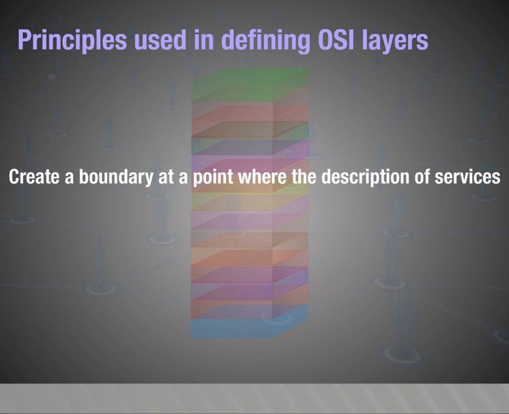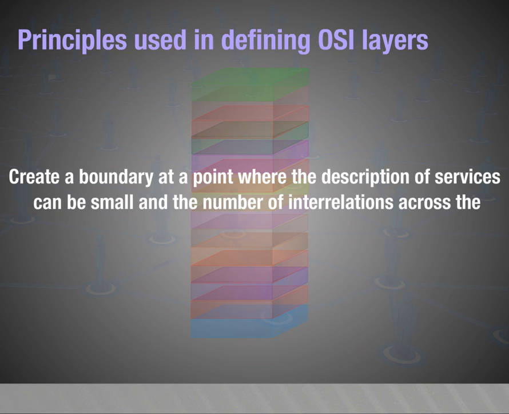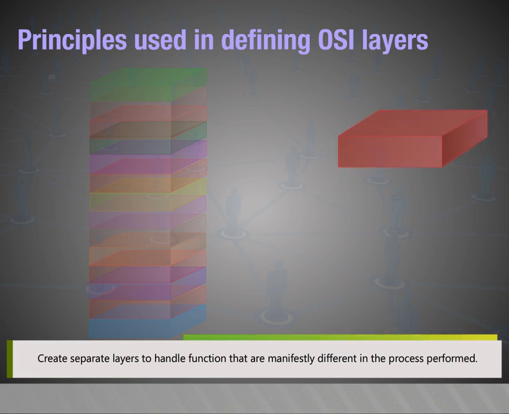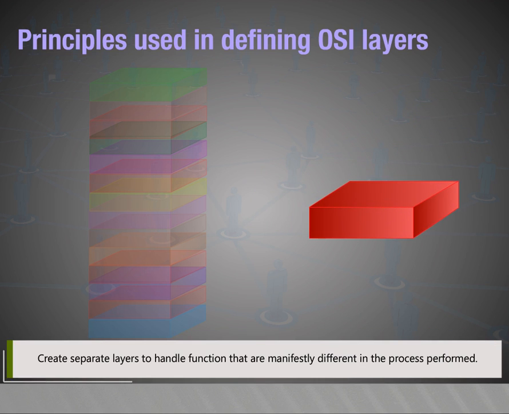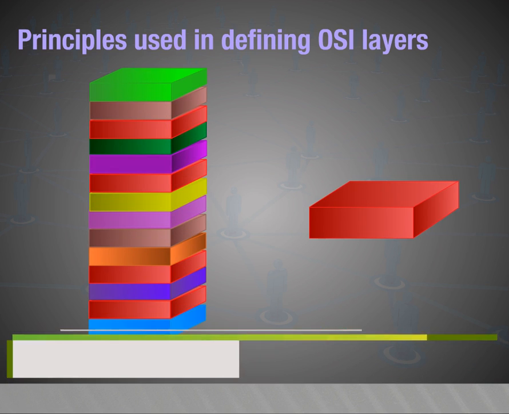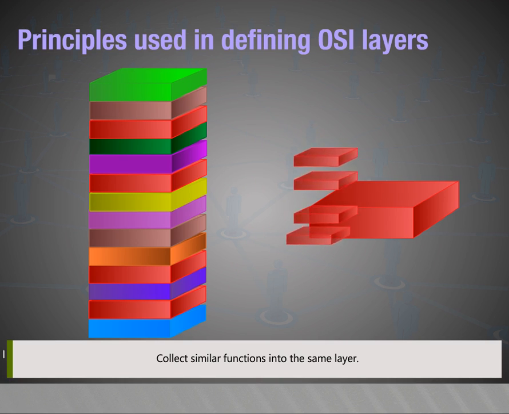Create a boundary at a point where the description of services can be small and the number of interactions across the boundary is minimized. Create separate layers to handle functions that are manifestly different in the process performed. Collect similar functions into the same layer.